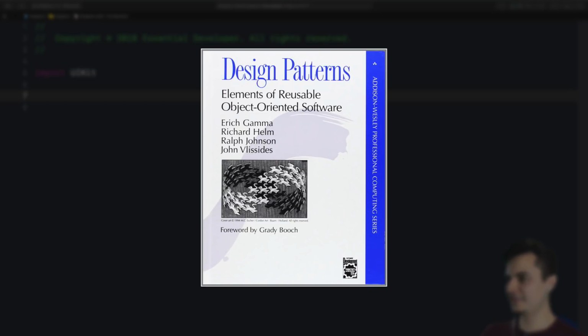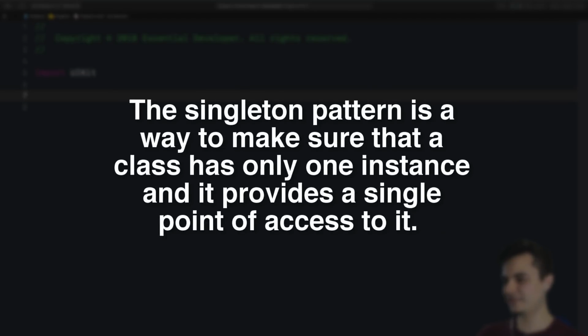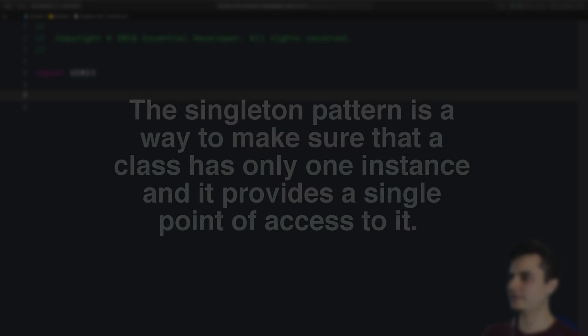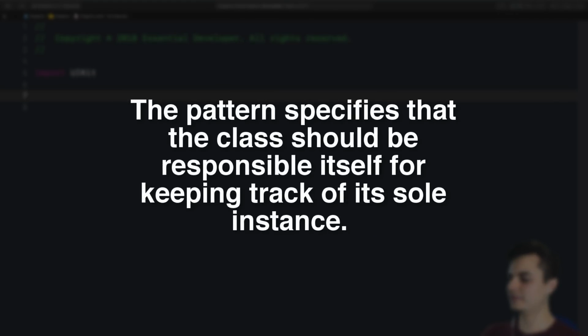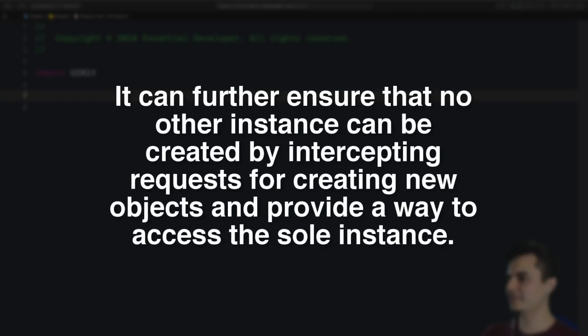The authors say that the singleton is a way to make sure that the class has only one instance, and it provides a single point of access to it. The pattern specifies that the class should be responsible itself for keeping track of its sole instance, and it can further ensure that no other instance can be created by intercepting requests for creating new objects, and provide a way to access the sole instance.